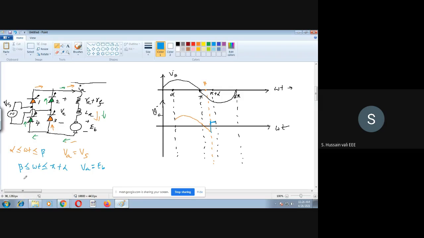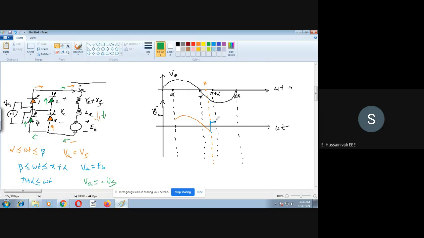Then from pi plus alpha onwards, you trigger thyristor numbers 2 and 4. When you trigger thyristors 2 and 4, once again Va is equal to minus Vs, just like the previous case.